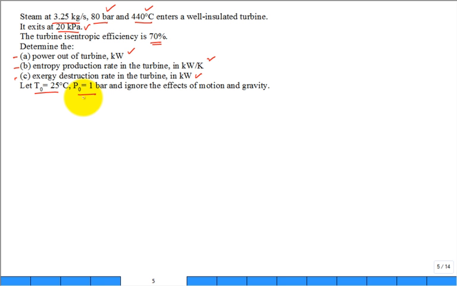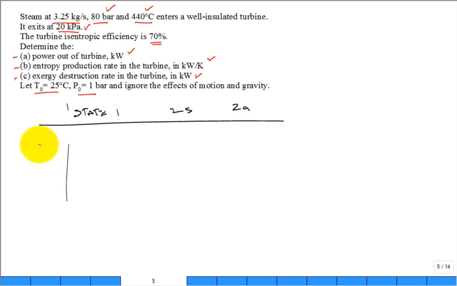And last time I said, let's set it up where you have a nice table, and maybe you put state 1, 2, I'm going to do 2S and 2 actual. And then you have different properties like pressure, temperature, enthalpy, entropy are the big ones. We could do more. And state 1 came in at 80 bar.